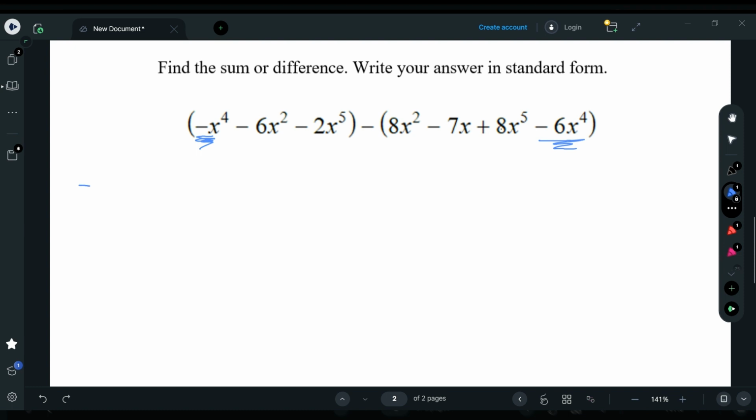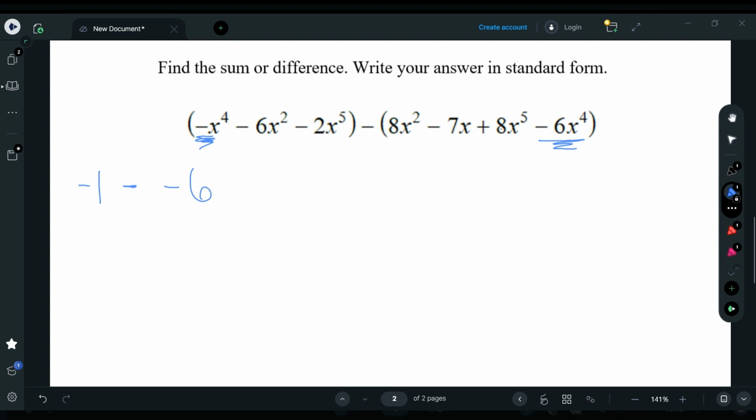So this is going to be negative 1. The coefficient over here is the negative 6. And then what are we doing with these two numbers? Well, look, we're going to subtract them. So here we have negative 1 minus negative 6. So notice here there is back-to-back minus. We're subtracting a negative, which is the same as adding a positive.